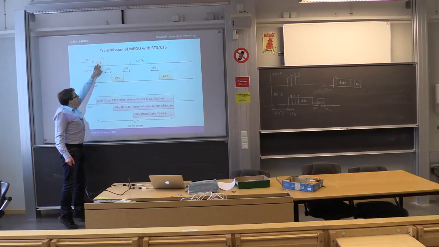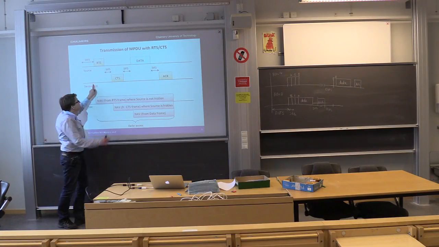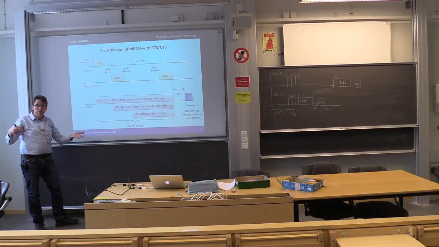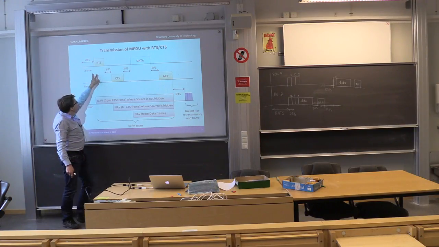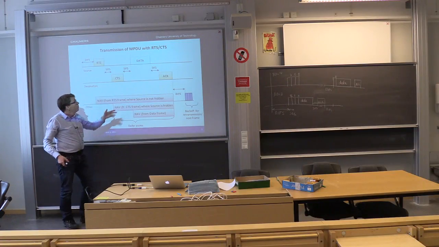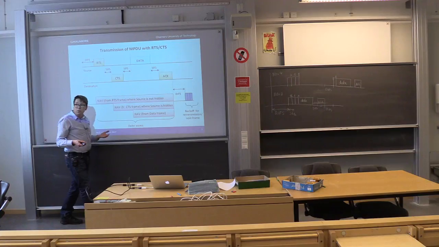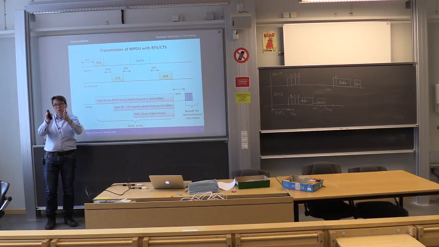So this RTS-CTS handshake takes some time here. This is, in a way, wasted time, because data is not transmitted during this time. But by doing this, we might avoid the data frame colliding with some other data frame. And data frames are typically much, much longer than the RTS-CTS frames.